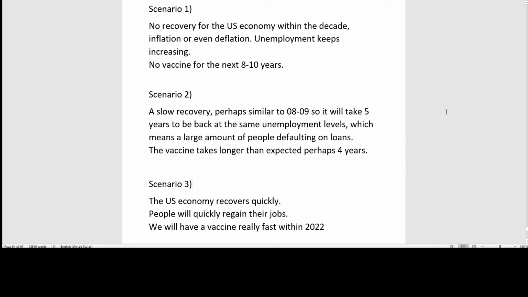A fair question to ask at this point is, haven't you behaved like it was scenario number 3 when you invested in January and February? And of course you can say that I did that, but that was before I was thinking about this pandemic. I was not looking at scenario 1, 2 or 3 here. I was simply building my portfolio for the long-term view.